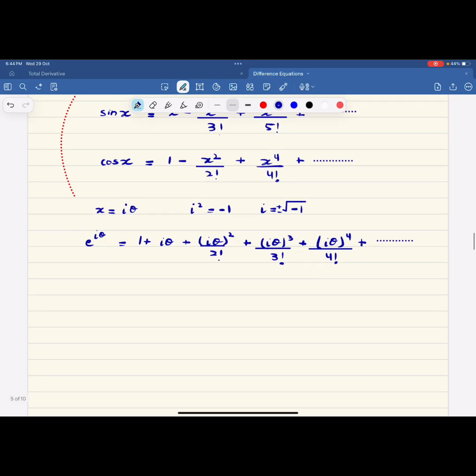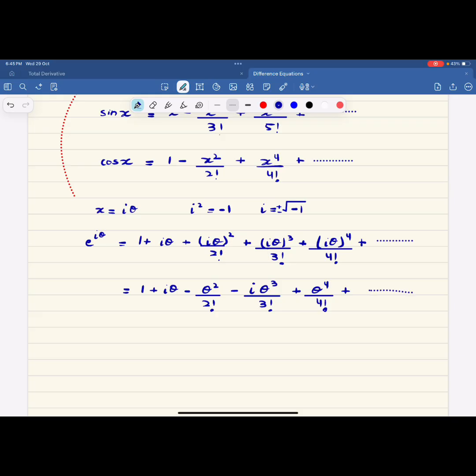Opening this up, we get 1 plus i theta minus theta squared over 2 factorial. Why so? Because I know i squared is minus 1. Going ahead, then we have minus i theta cubed over 3 factorial. Then this just stays like this over 4 factorial.